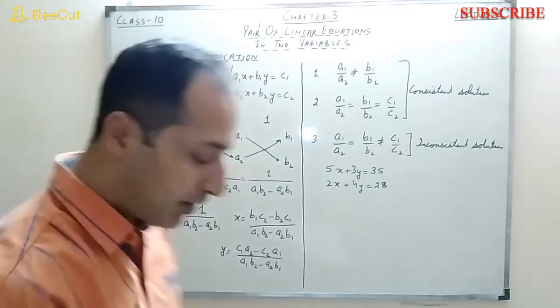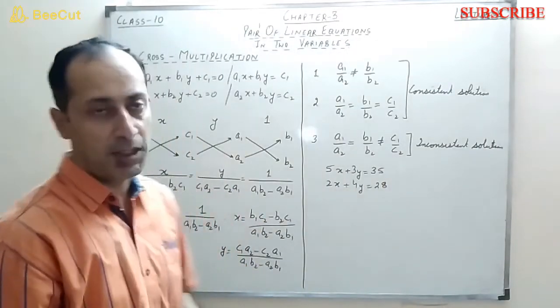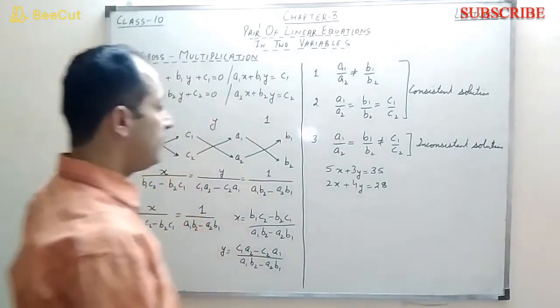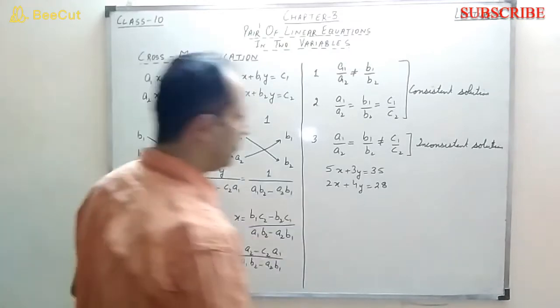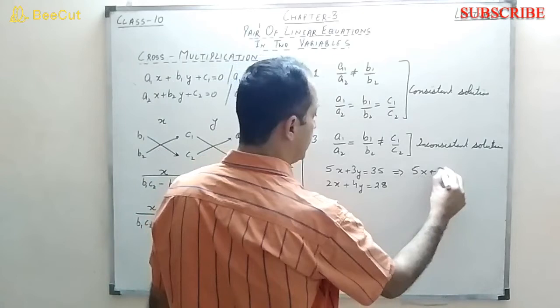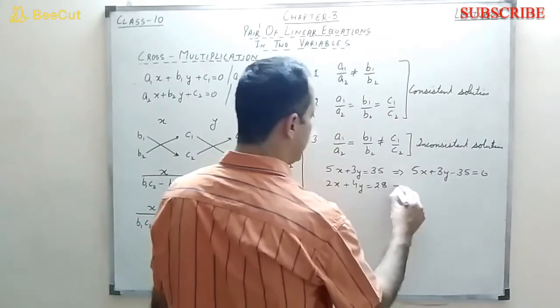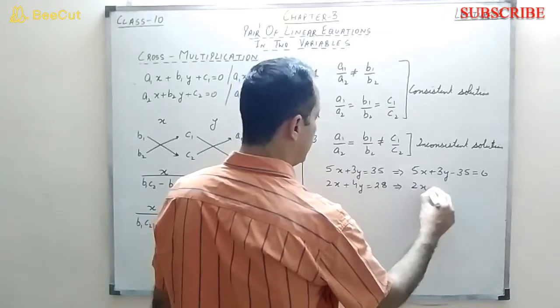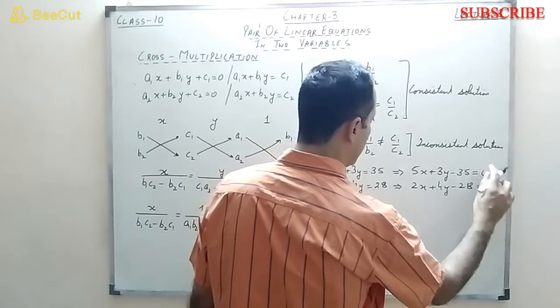Right. So these are the two equations which I have taken, and I will be simplifying them using the cross multiplication method. So the first step, I just transform the equations. I write the first equation as 5x plus 3y minus 35 equals to 0, and the second equation is 2x plus 4y minus 28 equals to 0.